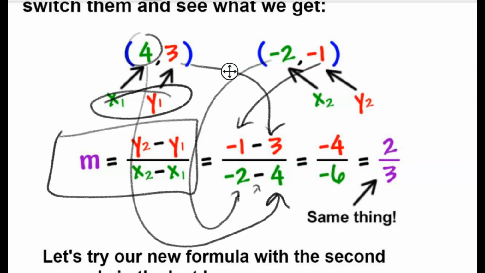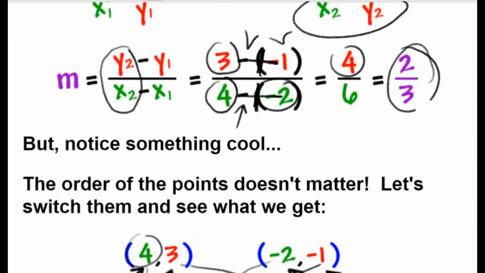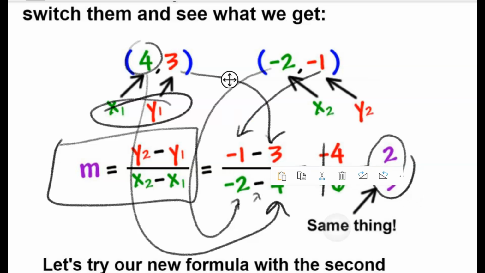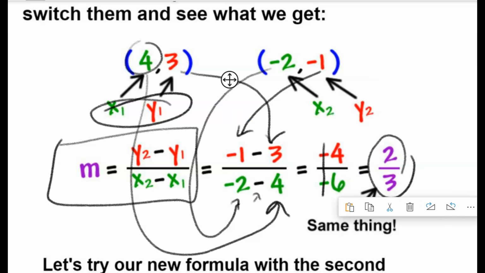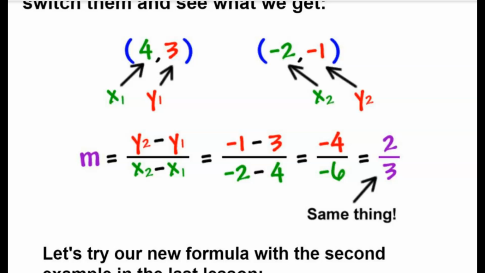Negative 1 minus 3 is negative 4. Negative 2 minus 4 is negative 6. Negative over negative is positive, and we get the same thing. What does matter is your y values have to be in the numerator and your x values in the denominator. If you choose that point, you have to put them in the same order.